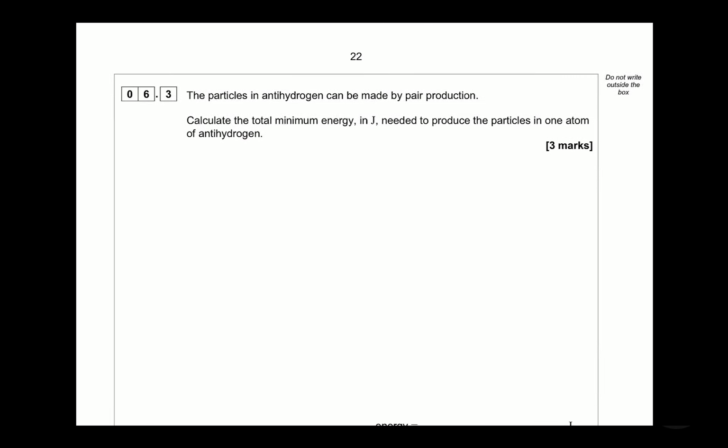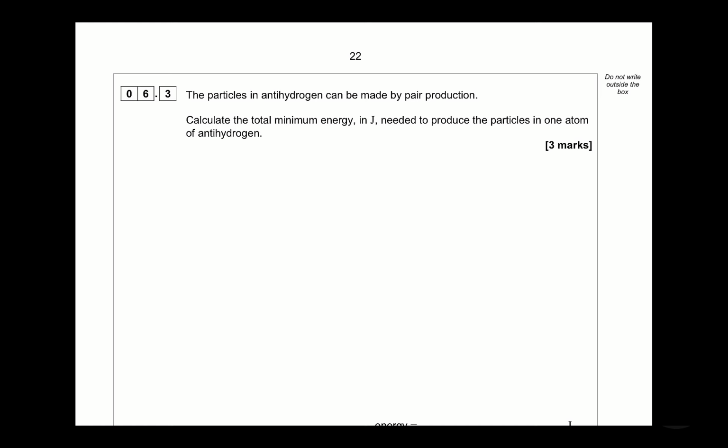All right, particles of antihydrogen can be made by pair production. Calculate the total minimum energy in joules needed to produce the particles in one atom of antihydrogen. So, what we need to look at is how much energy is there in an antihydrogen atom.